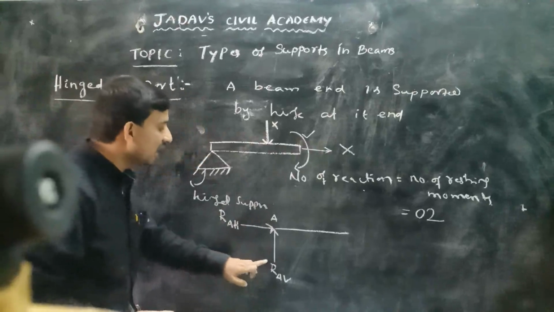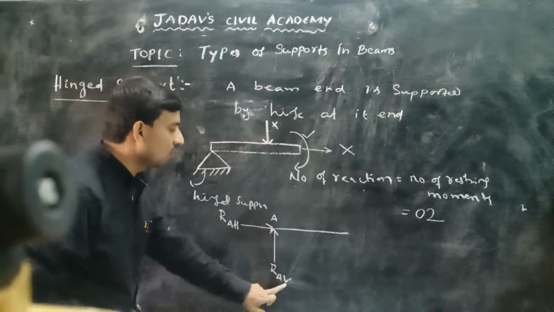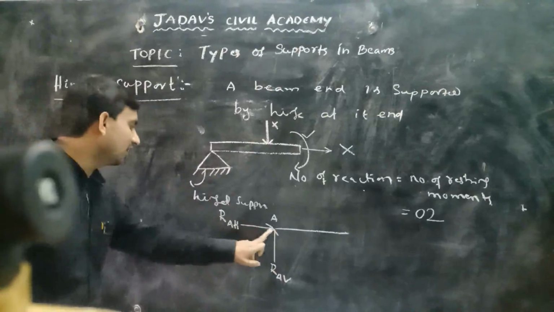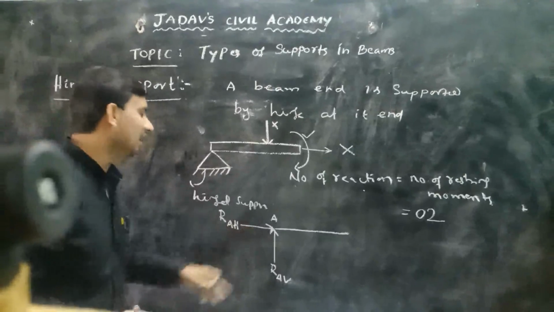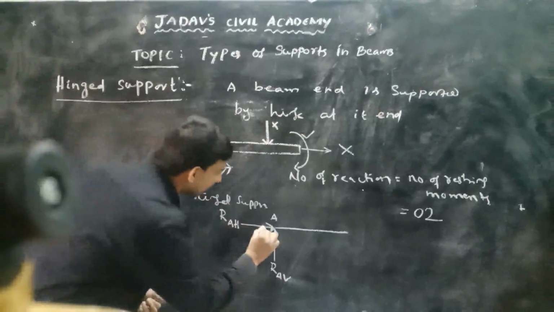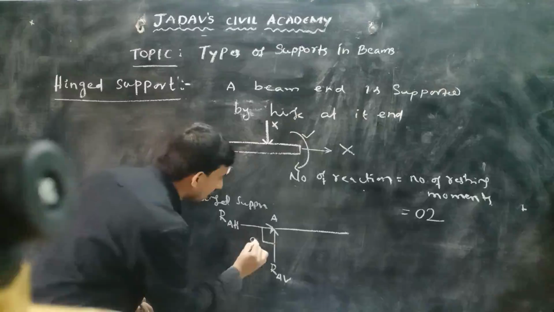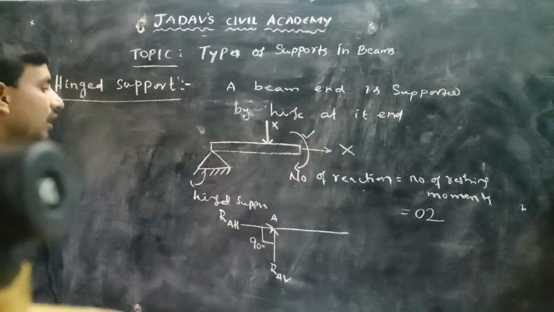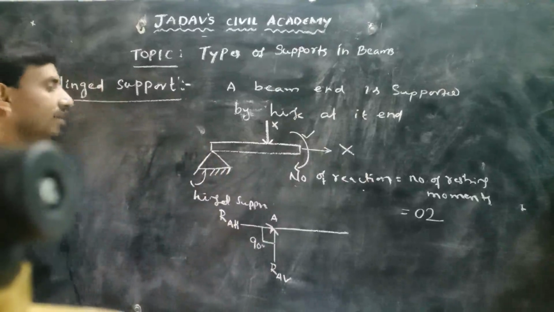R means reaction at A in the vertical direction, and RAH is the reaction at A in the horizontal direction. The angle between these two is 90 degrees, and they are mutually perpendicular to one another.